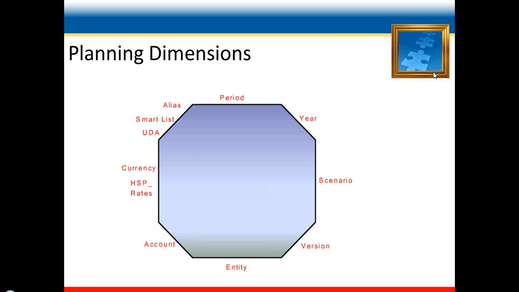The HSP Rates dimension contains a member to store exchange rate for each currency. The currency dimension stores the default currency for your application.